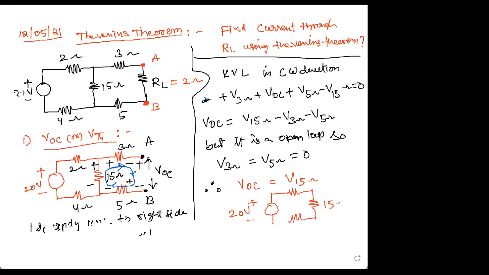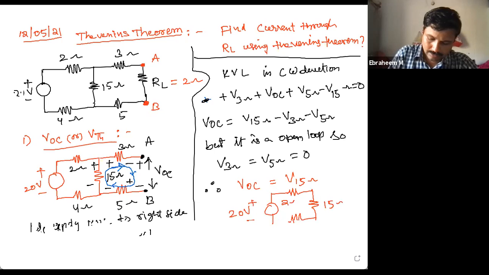So this is 15 ohms, this is 2 ohms, this is 4 ohms, right? So V15 ohms is given by the voltage division rule, because 2 ohms, 15 ohms, and 4 ohms, all these three are in series.